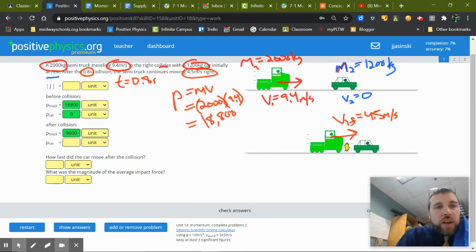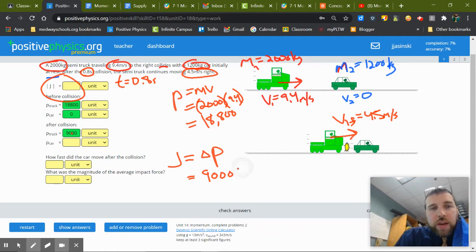Okay, so if I want to know the impulse, impulse is equal to the change in momentum. So I can look at the change in momentum of that truck. It ended up being 9,000. It started off at 18,800. So it's always final minus initial.